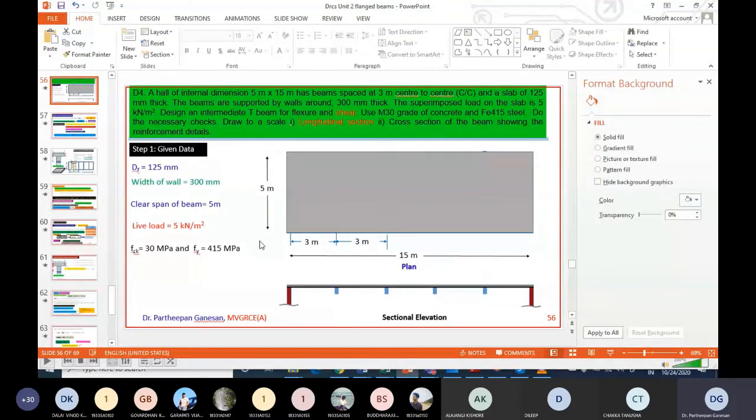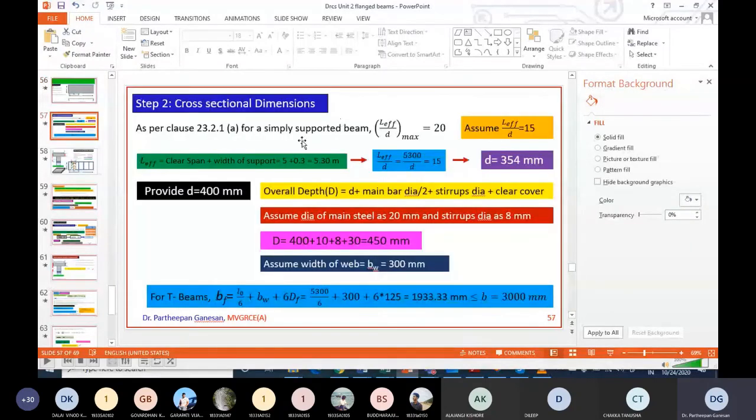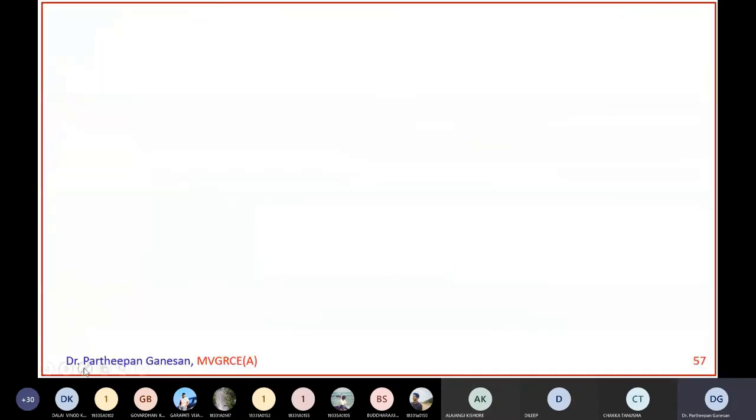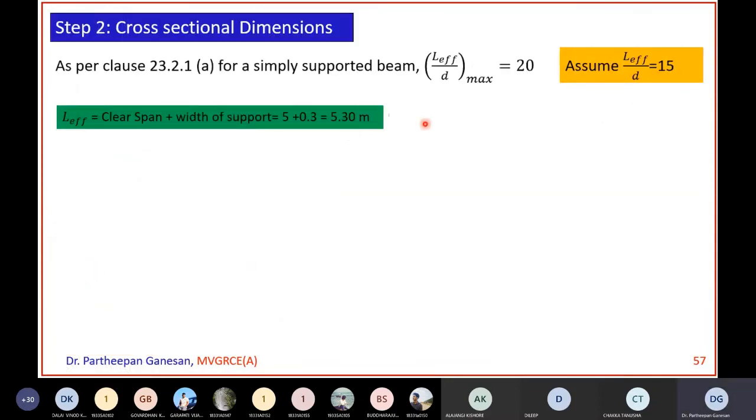So we have started with writing all the given data. Then to find out the cross-sectional dimension, you take the help of the L by D ratio. For the L effective, you take the clear span plus width of the support. And from that you find the value of D, the effective depth.